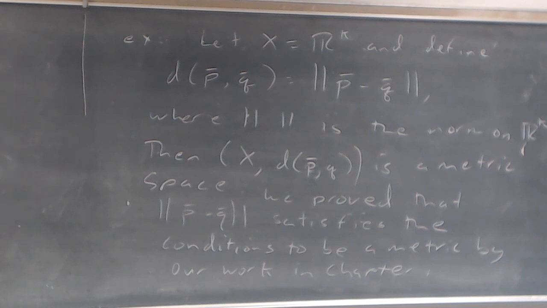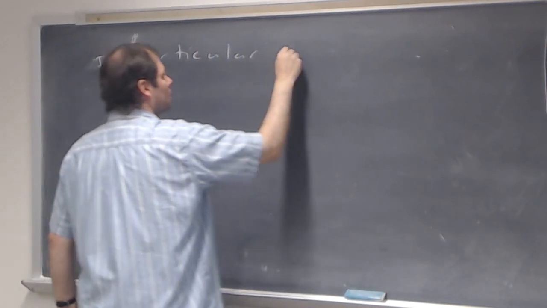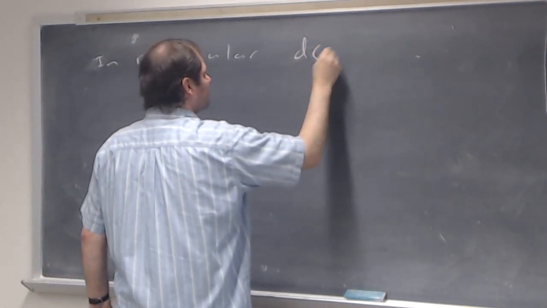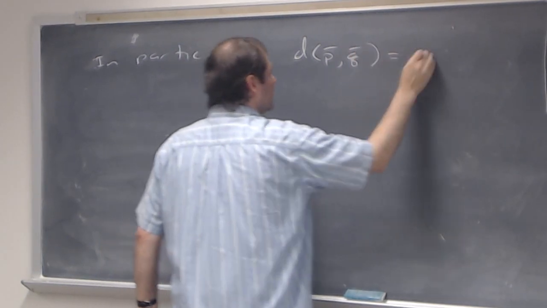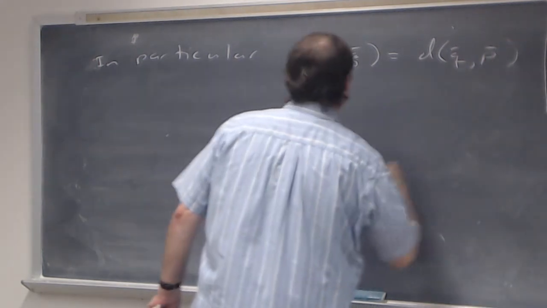But I will say something about how we show that the second part that needs to be satisfied for a metric is satisfied by this. In particular, the distance between P and Q equals the distance between Q and P. This was the second thing.